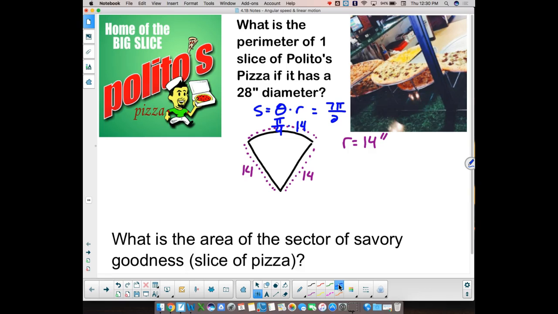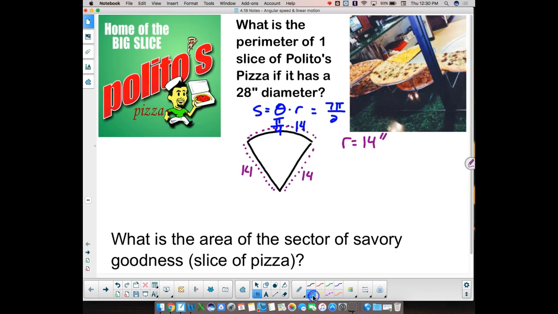Okay? So my perimeter is going to be 14 plus 14 plus 7 pi over 2, which, if I was doing it exact, the exact answer would be 28 plus 7 pi over 2 inches.